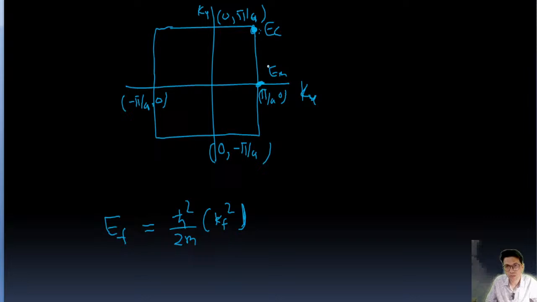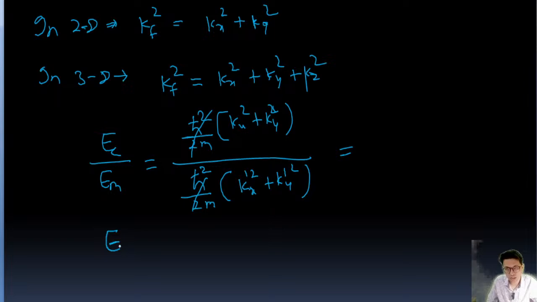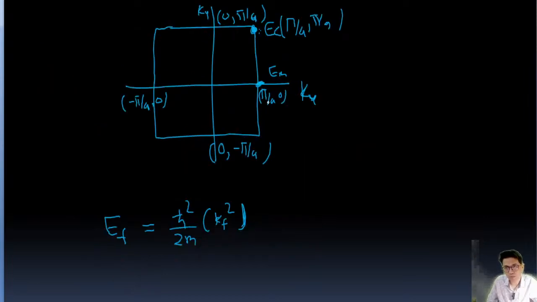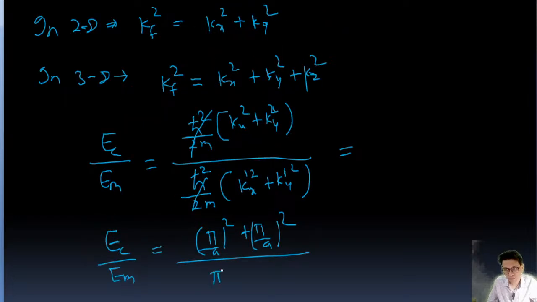This one, these are the corner atom, right? At this point the coordinates are pi by a comma pi by a, right? So kx squared plus ky squared is pi by a whole squared plus pi by a whole squared. So EC upon EM is going to be pi by a whole squared plus pi by a whole squared upon this k'x squared plus k'y squared, right? At this point the coordinates are pi by a and 0, so this is pi by a squared plus 0 squared, right?